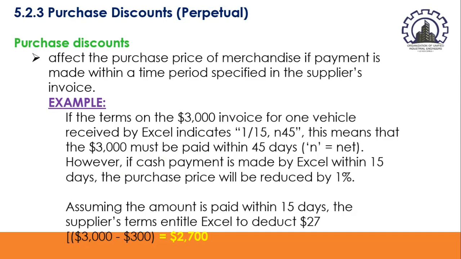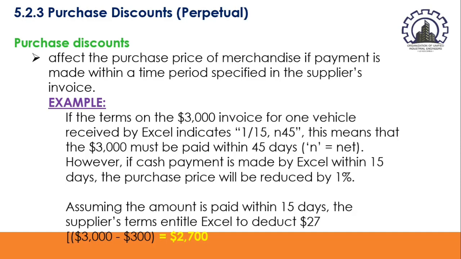For example, the terms on the $3,000 invoice for one vehicle received by Excel indicate 1/15, n/45. Now, what does it mean? This means that the $3,000 must be paid within 45 days, or n equals net. However, if cash payment is made by Excel within 15 days, then the purchase price will be reduced by 1%.